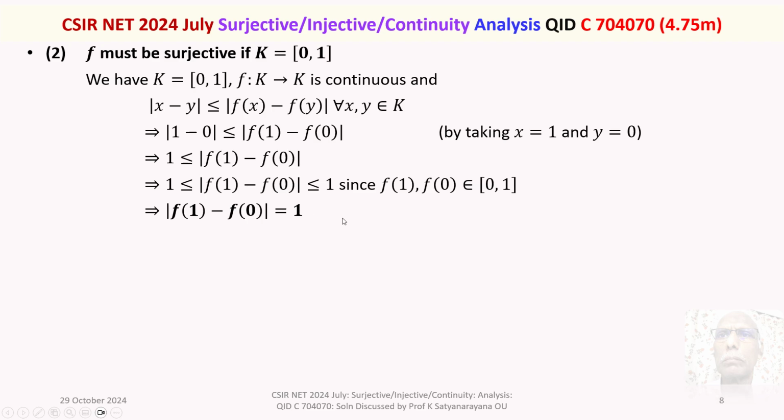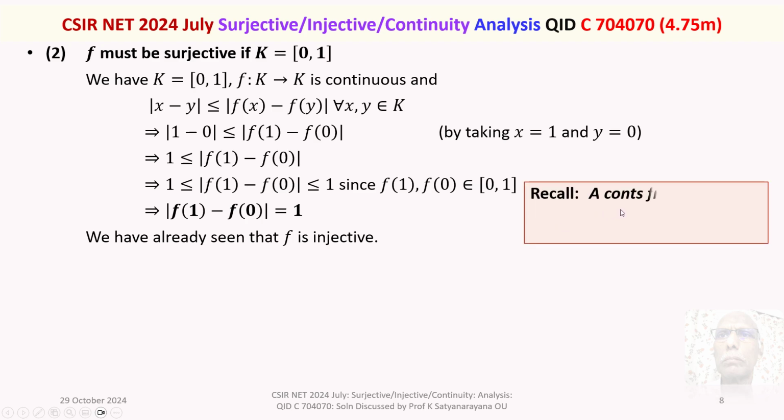But what is f? f is injective. We have already seen that f is injective. Then we recall a theorem from analysis. A continuous function defined on a closed interval. Yes, this is a closed interval. This is continuous.